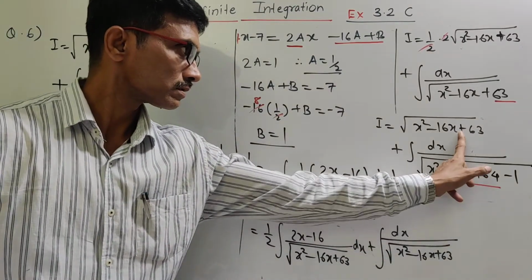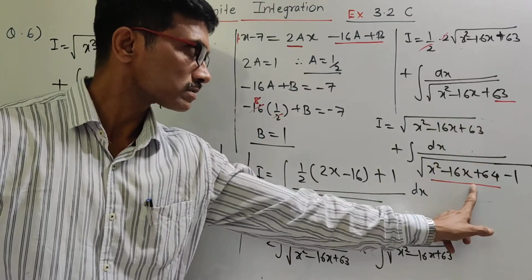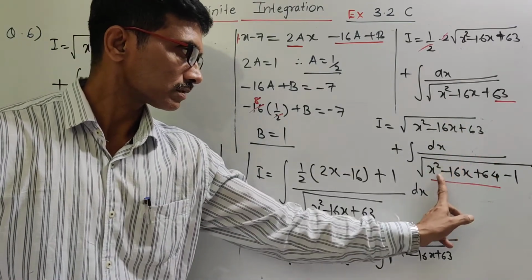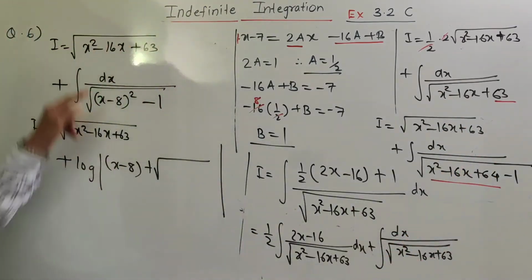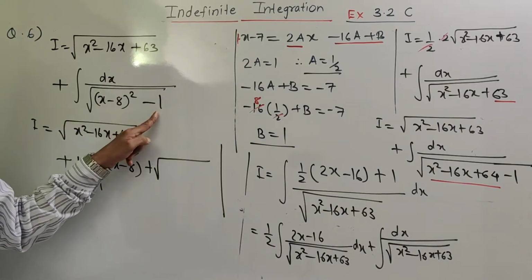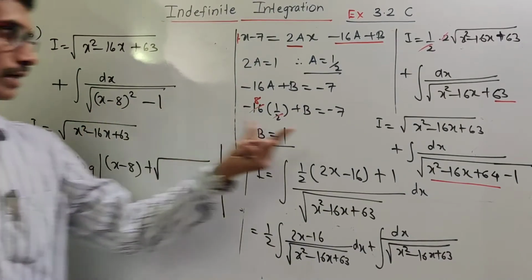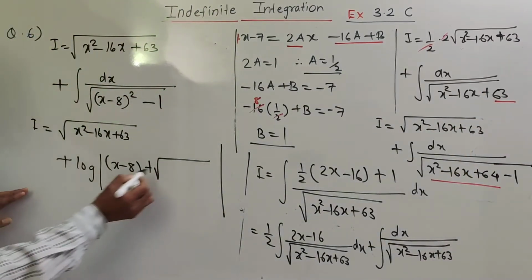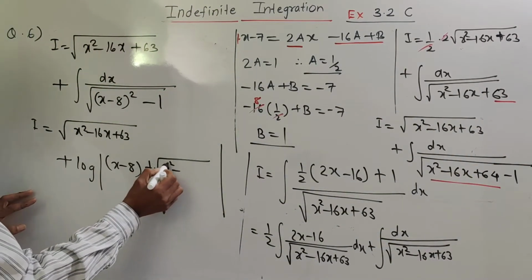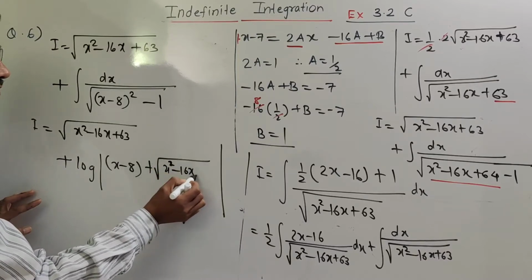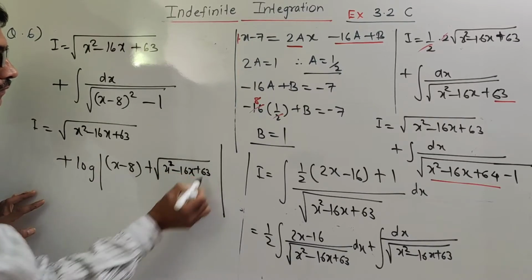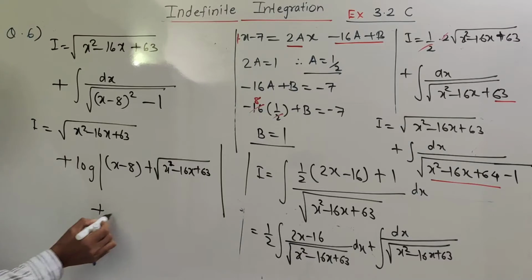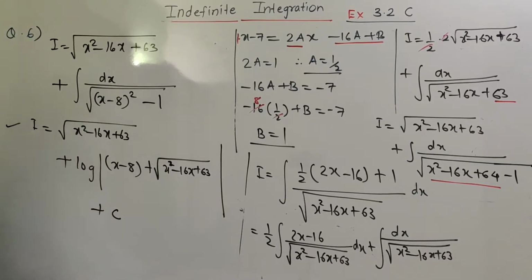Simplifying this you will get this, of the form x square minus a square, which simplifies to x square minus 16x plus 63, and plus the constant of integration c. So this is the answer. We will write the answer in proper form.